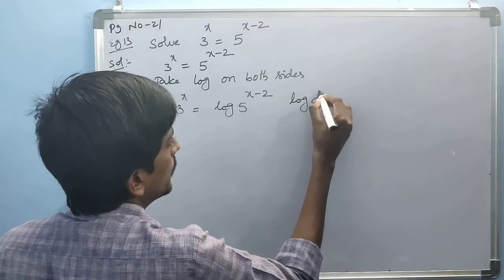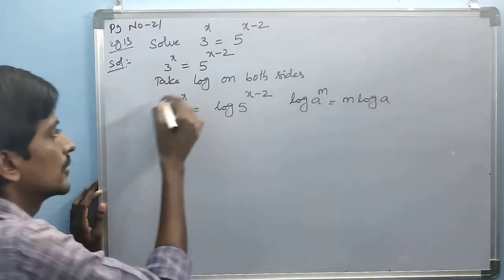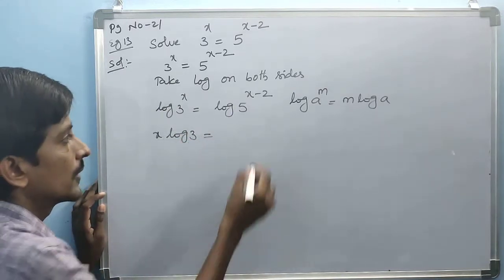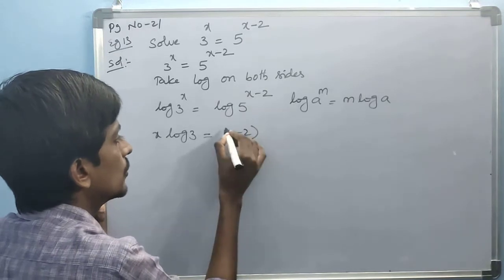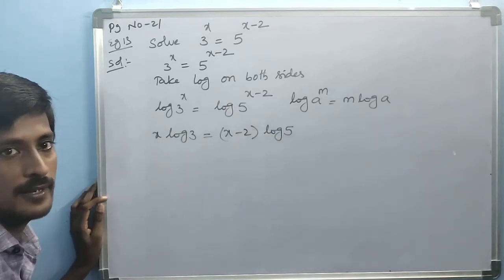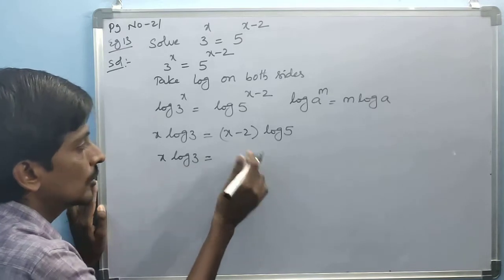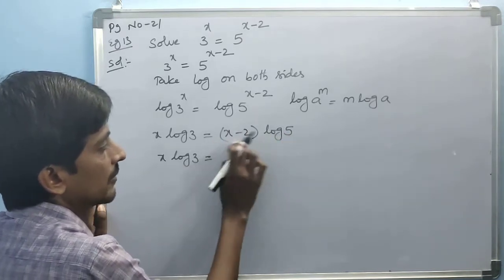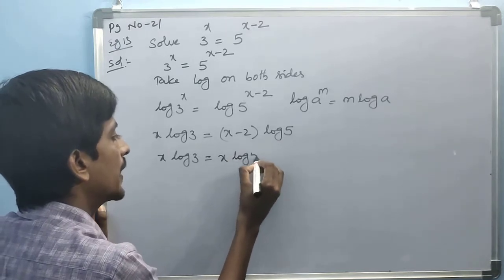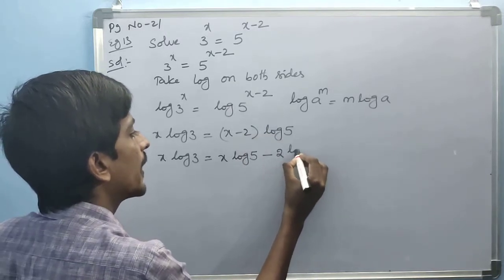Log a to the power of m equals, what is the formula? m log a. So x log 3 equals x minus 2 log 5. This is the power. Multiply these two: x into log 5, x log 5 minus 2 log 5.